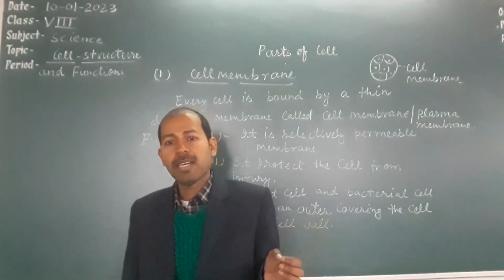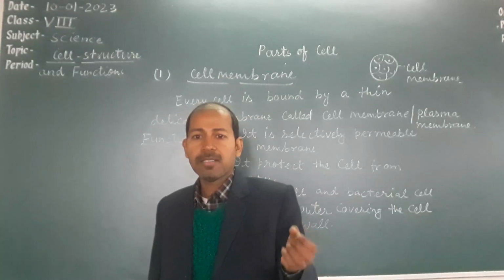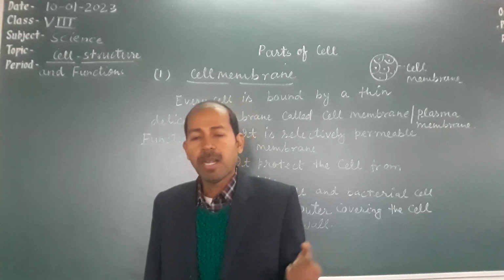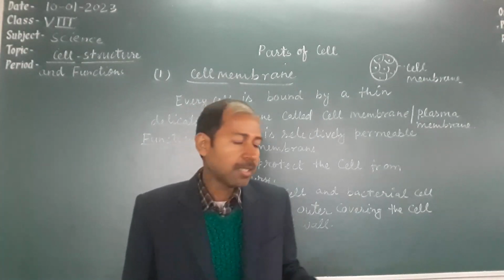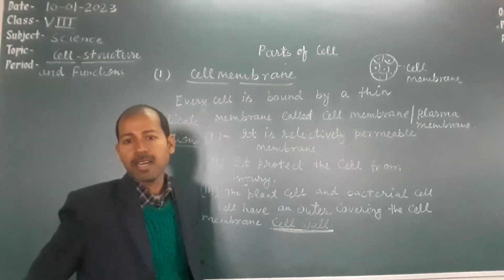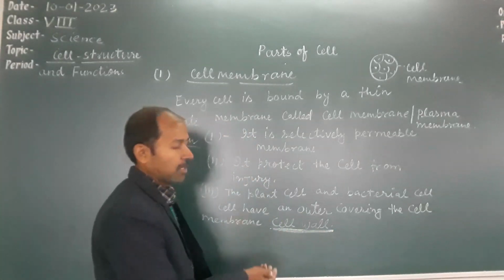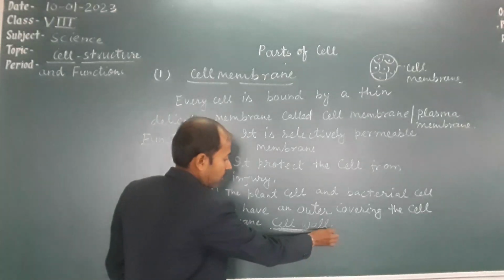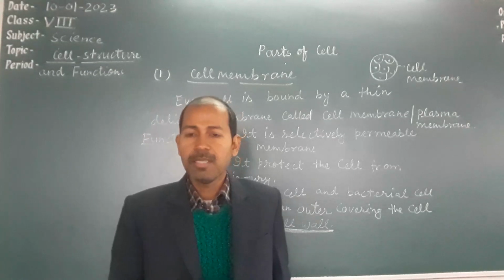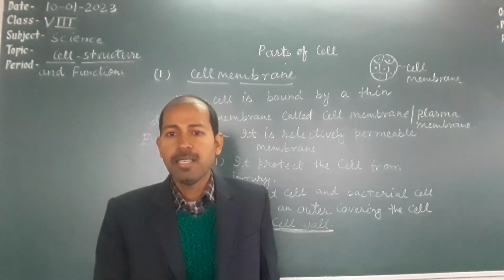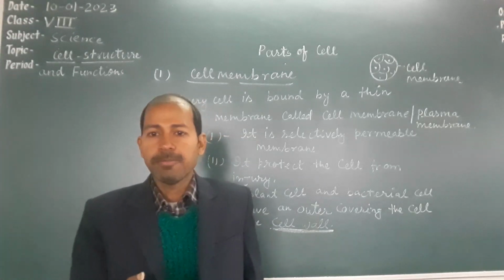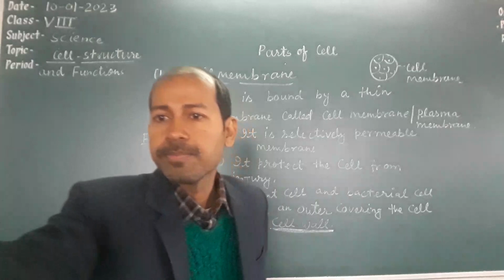On the basis of the cell wall, we can easily differentiate between the plant cell and animal cell. In the animal cell, no cell wall is found. So we can say the cell wall is completely absent in the animal cell, but present in the plant cell.